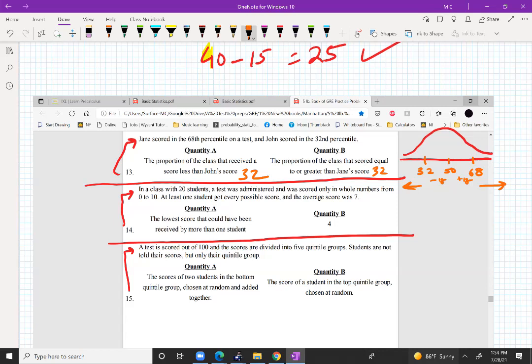A class of 28 students scored only on average of 10. At least one student got every possible score, and the average was 7. Every possible score.